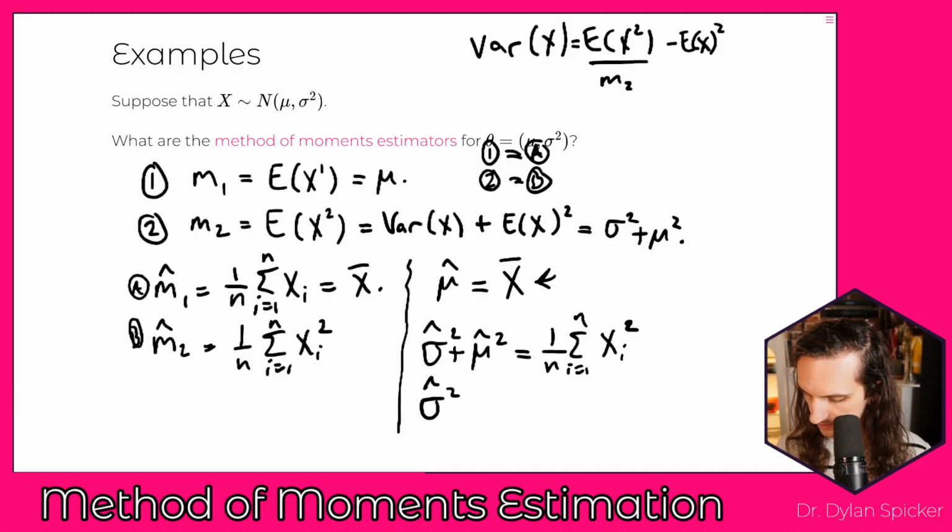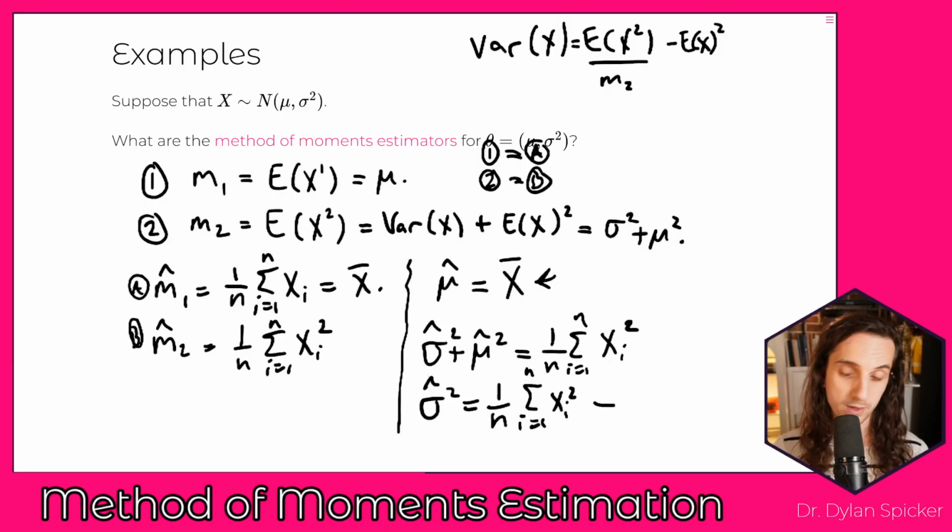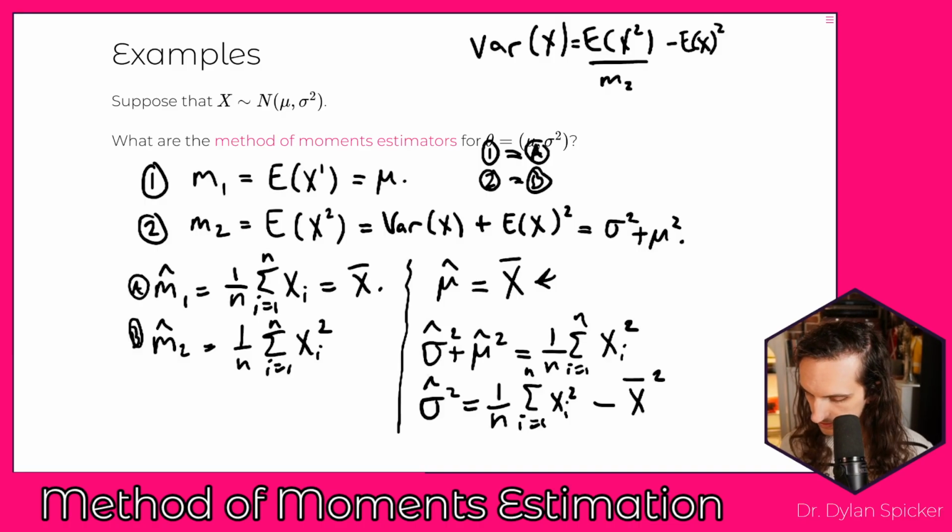So sigma hat squared is going to be equal to 1 over n, the sum from i equals 1 to n of xi squared, minus mu hat squared, but we know that mu hat is x bar, so that's going to be minus x bar squared. And actually, we could leave it like this. That gives us an estimator for sigma hat squared and an estimator for mu hat.